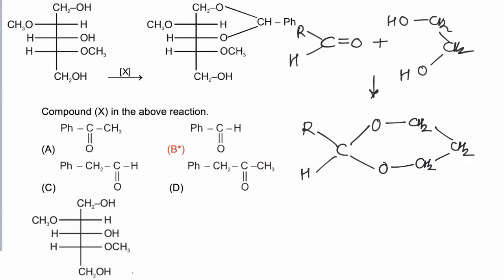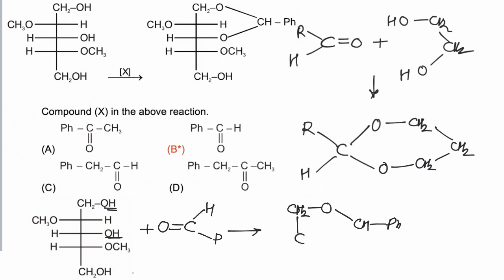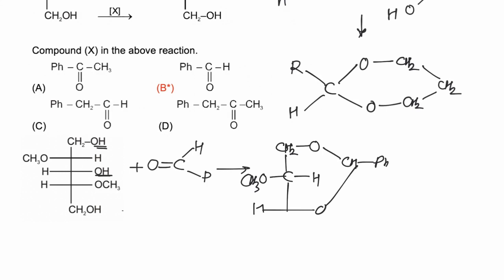Now this molecule has 2 OH groups. After reacting this molecule with benzaldehyde, it will finally be converted to CH2 O CH Ph C O CH3 H O, and the rest of the molecule will be as such, H OCH3 CH2 OH.